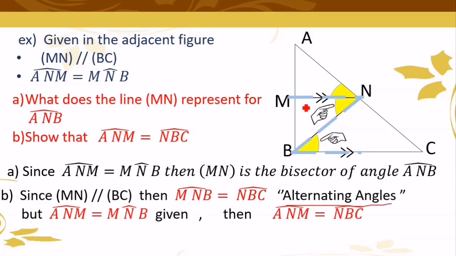We have just proved that angle MNB equals NBC, but from the given we know that angle ANM equals angle MNB. So we can deduce that angle ANM equals NBC. Great.